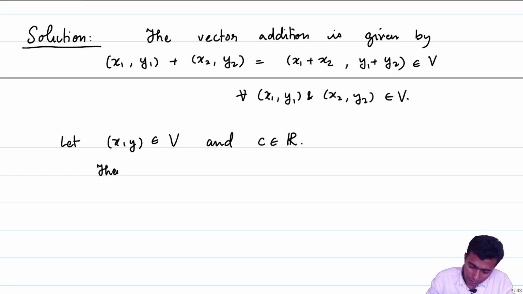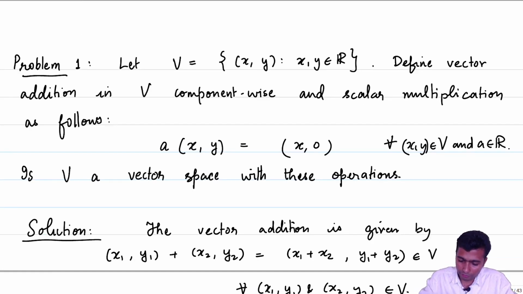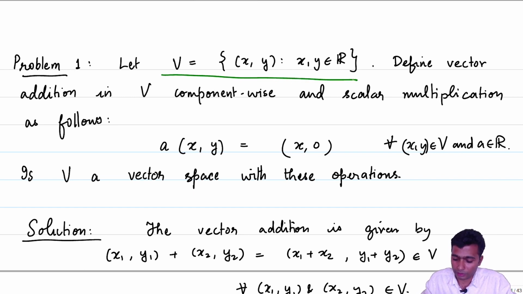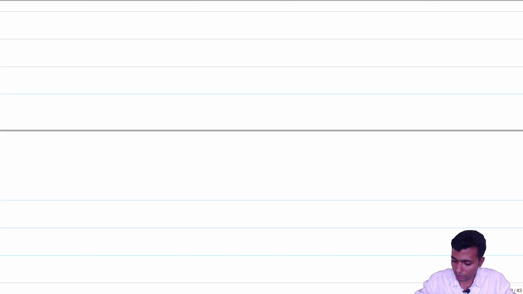Then C times x, y is, as defined, x, 0, which is an element in capital V. It is after all an element in V which has the second coordinate 0. Recall that V is nothing but the set of all tuples x, y with x, y in R. So yes, this is also in V.